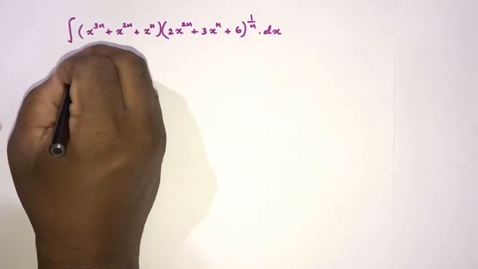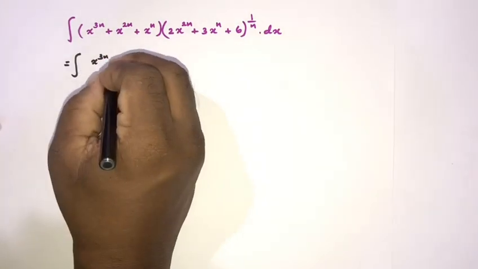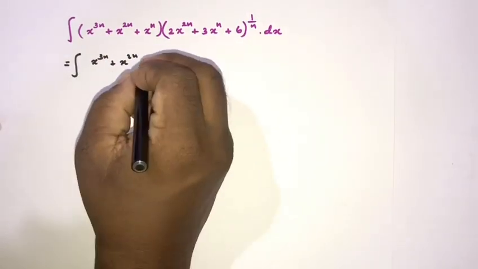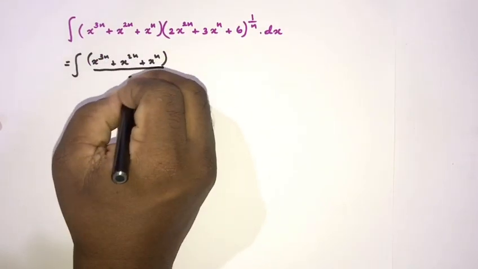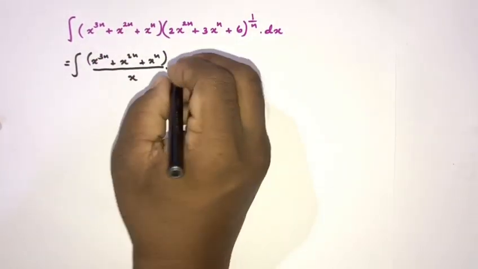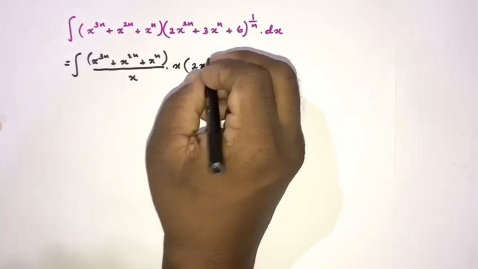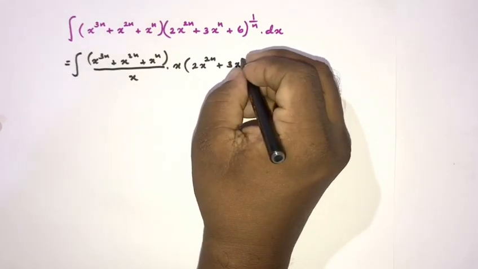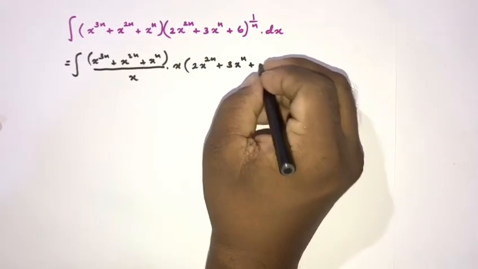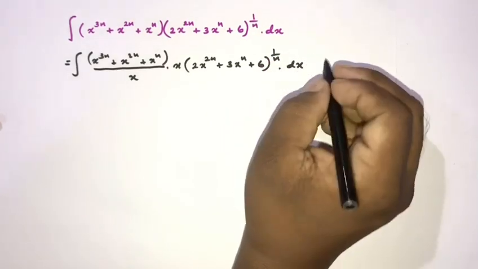Here first I am going to factor out x, so we can write x^n over x. Now we should multiply by x, so here x times (2x^(2n) + 3x^n + 6) raised to the 1 over n power dx.